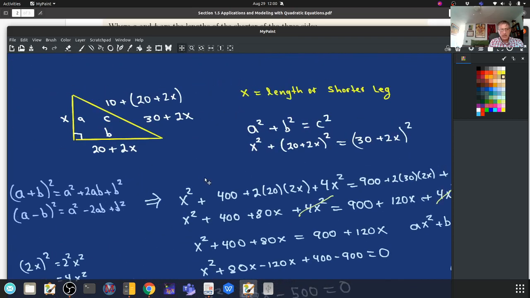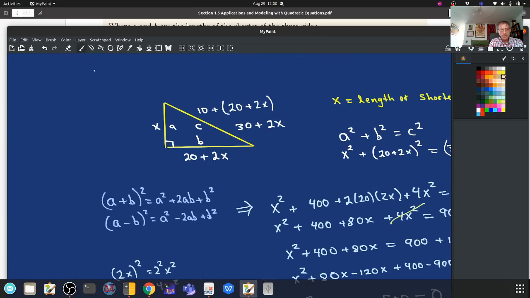So we're not done yet. So I know the dimensions of this side is 50 because x is equal to 50. But I have to find the dimensions of this side down here. So that's 20 plus 2 times x, which is 2 times 50. So that's equal to 120.